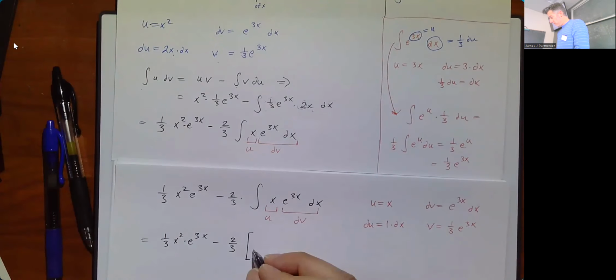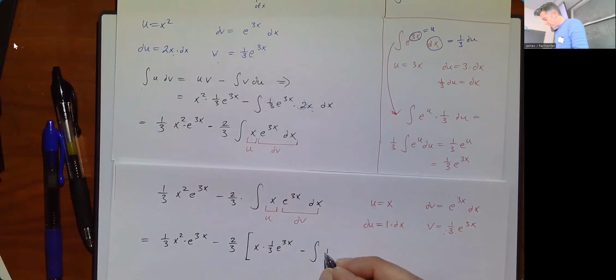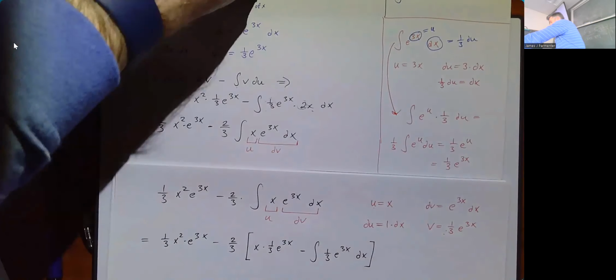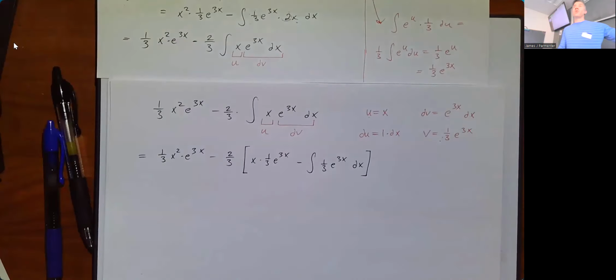So I'm going to get uv, so x times 1/3 e to the 3x, minus the integral of v du, sorry, 1/3 e to the 3x dx. And now we're almost done. Don't worry, I'm going to show you a shorter way to do a problem like this. If you think this looks terrible and long, it is kind of terrible and long, but there is a faster way.